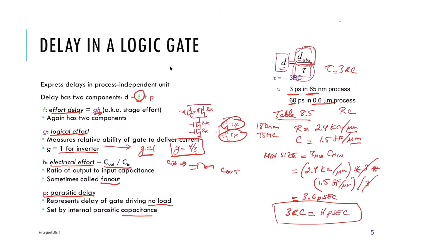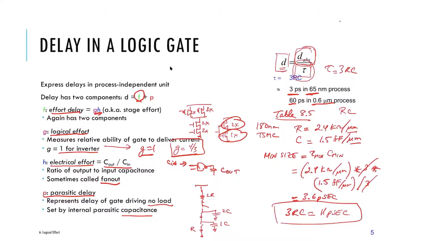So let's see. We have 2R, we have a switch, and the 2C for this 2X PMOS. And then we had the 1C for the NMOS and a switch and R. Okay, this is the output.